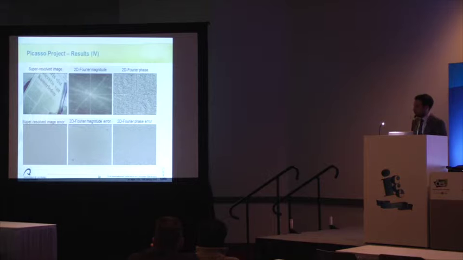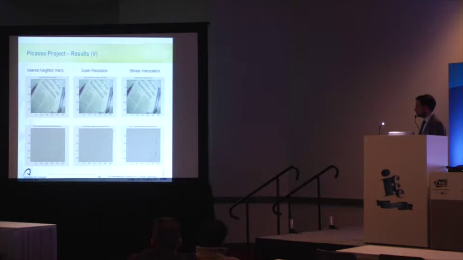And we can use some figures to show results. This is just an example. And sometimes it's quite difficult to see the improvement with the image itself, so we can use the image error to compare the super resolved image with the original one. And then we can also use other parameters such as the two-dimensional Fourier magnitude or phase.